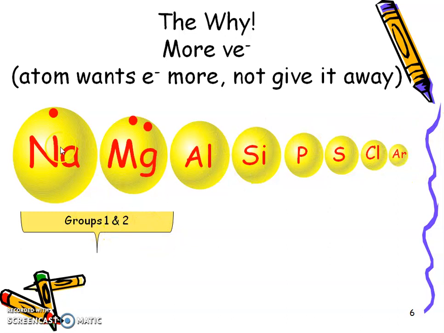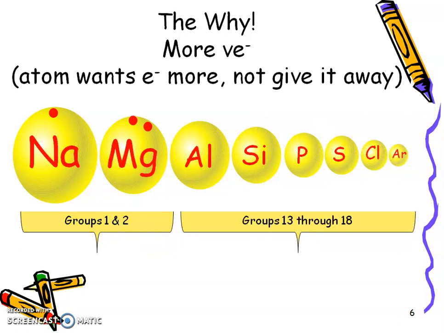So groups 1 and 2 have 1 and 2 valence electrons. Now let's look: group 13 has 3, 14 has 4, 15 has 5, sulfur, group 16, has 6, chlorine, group 17, has 7 valence electrons, and of course argon has 8.